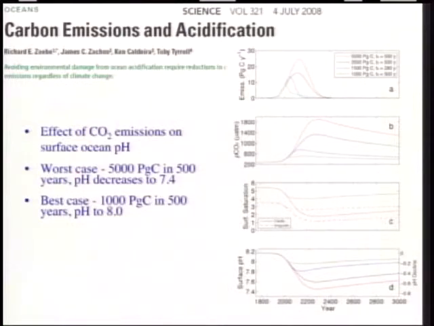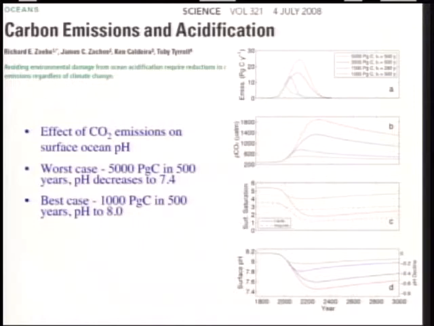We used the same model to publish this paper, this perspective, and this is simply looking at various emission scenarios and the effect on surface ocean saturation. The point here is simple: the rate does matter, and the best scenario is one in which you have 1,000 gigatons of carbon being released over 500 years.